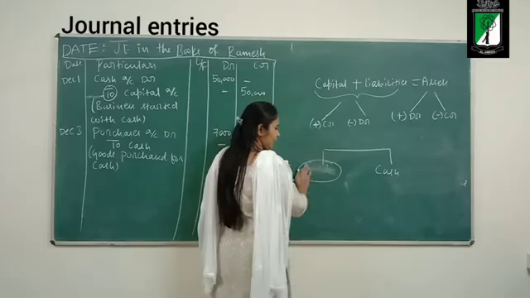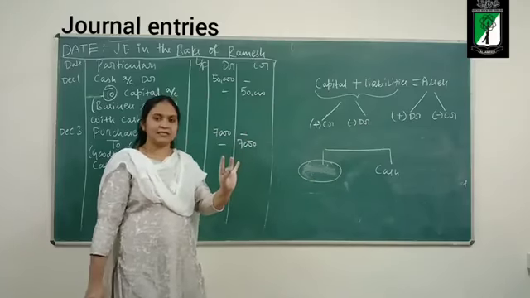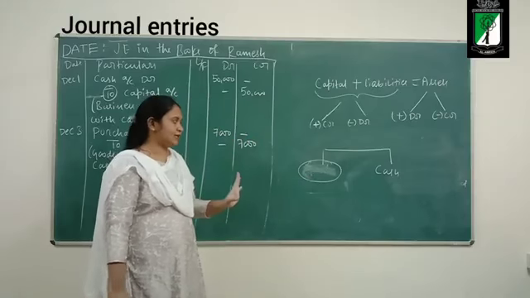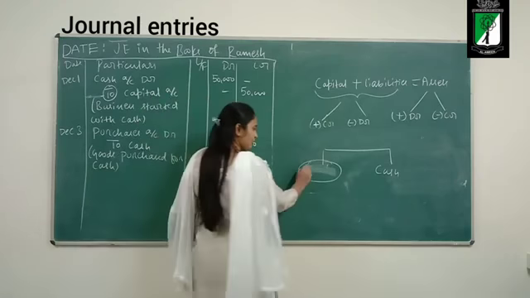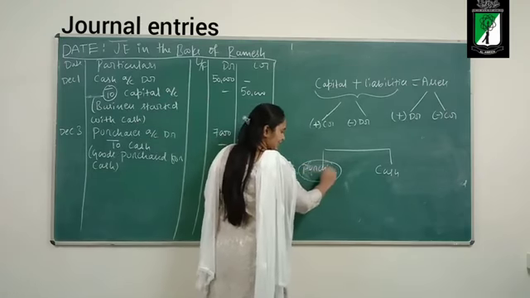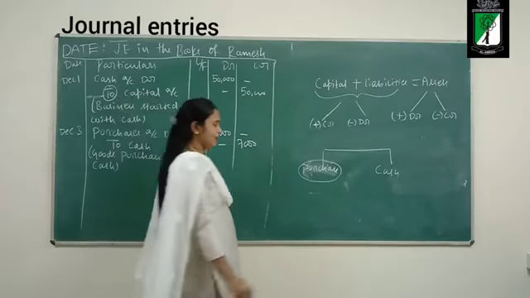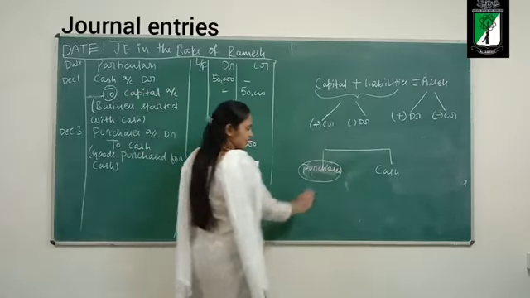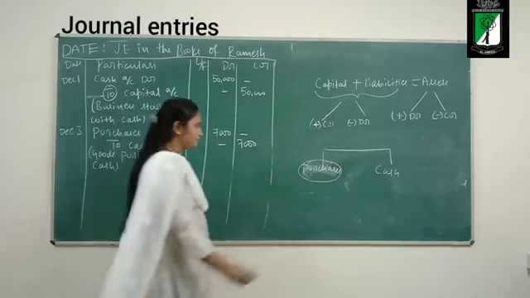Goods are categorized as purchases, sales, purchase return and sales return. Whatever is appropriate, you should write here. What is my business doing here? Purchasing goods. So I will write purchases. Purchases of what? Goods.